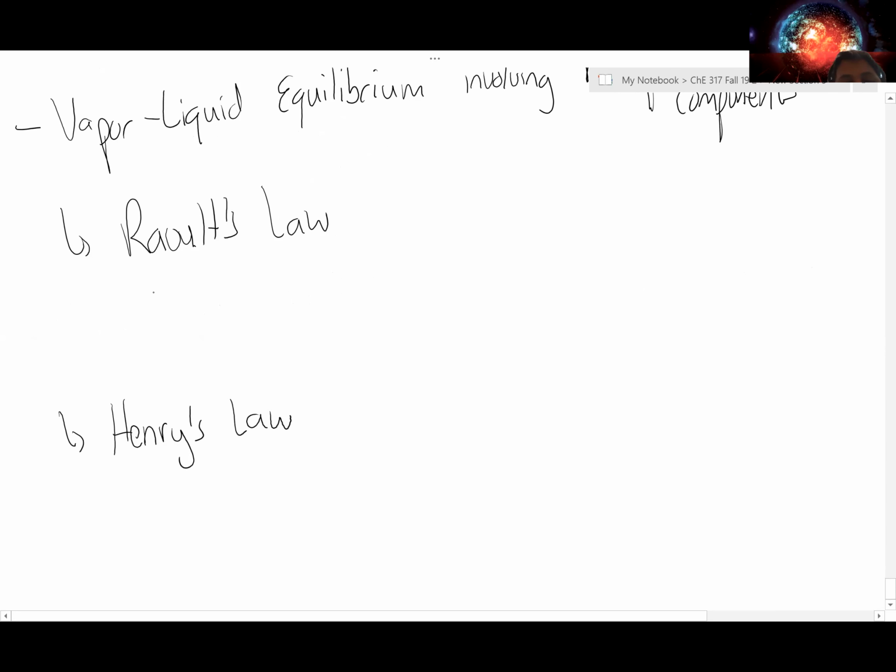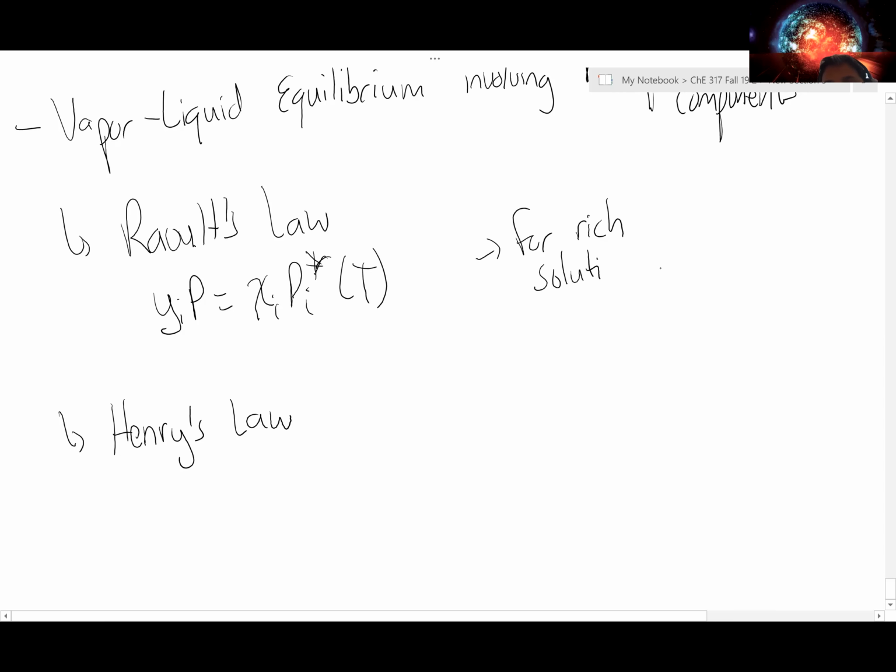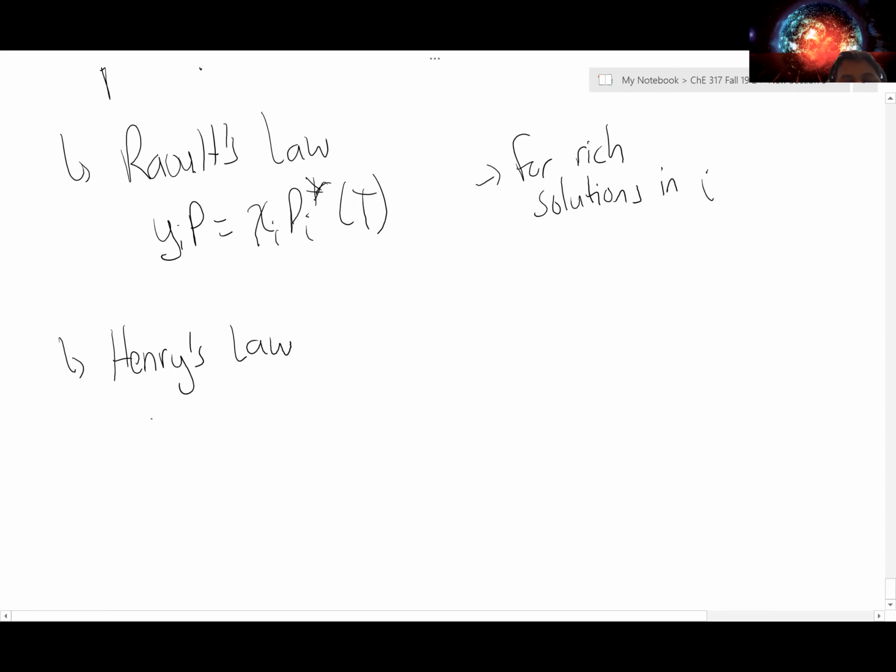For Raoult's law, we said our mole fraction in the vapor times total pressure was equal to the mole fraction in the liquid times the vapor pressure of that substance at the temperature. This is for rich solutions in i. And then Henry's law when we're looking at dilute species or substances.